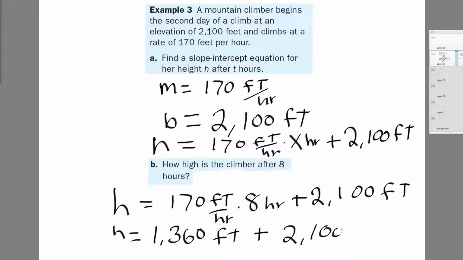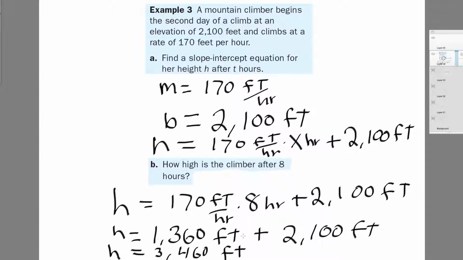And we'll add those two together, and we get that h equals 3,460 feet. So we've used a direct variation calculation to determine the height in the future.